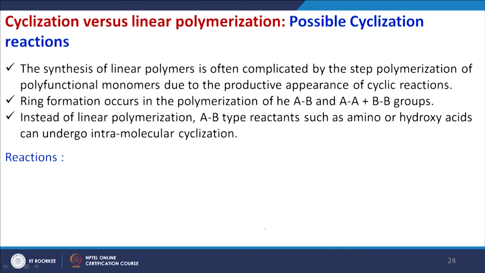Now, ring formation occurs in the polymerization of AB and AA or BB groups. So, instead of linear polymerization, AB type reactants such as amino or hydroxy acids can undergo intramolecular cyclization. Let us have an example.